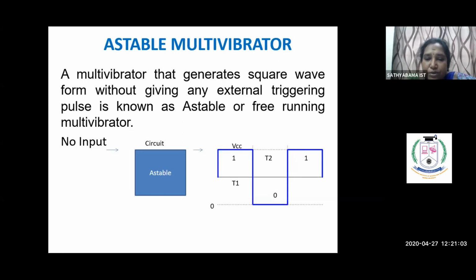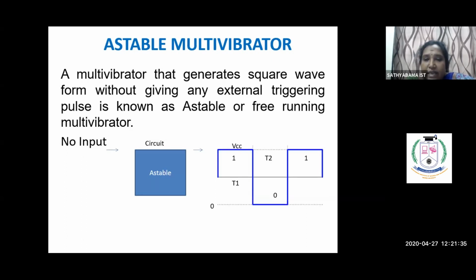If it goes to stable state 1, that is plus VCC, and if it is at 0, that is taken as stable state 0. These are the two stable states, and I have also mentioned the time. Stable state 1 happens at time t1, and state 0 happens at time t2.